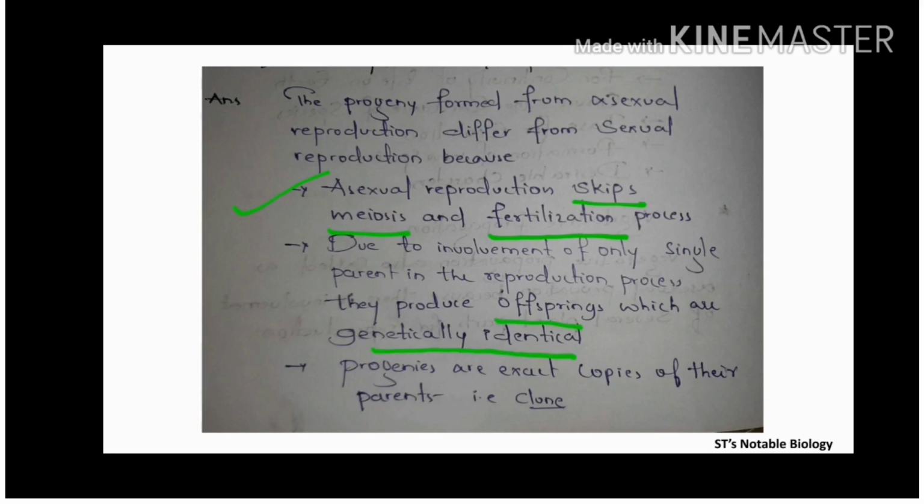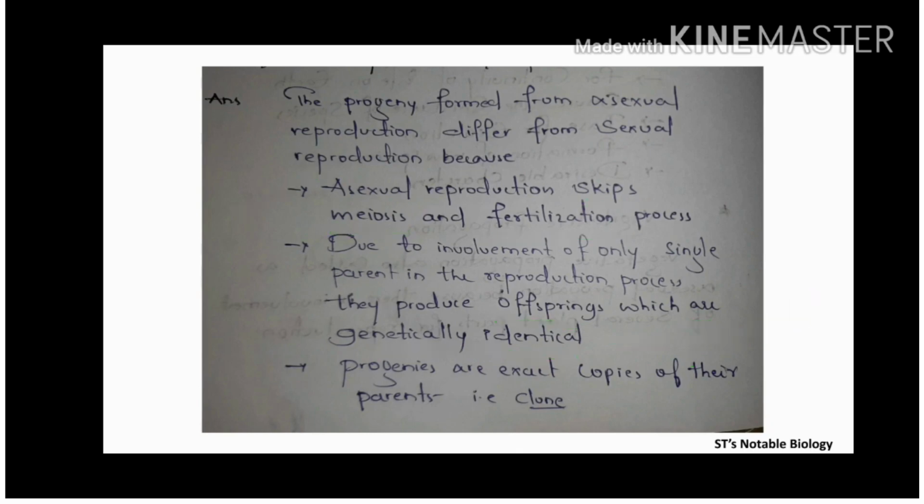The progeny produced from asexual reproduction are an exact copy of their parent. An exact copy means they have the same genetic characters, genetically identical to their parent.